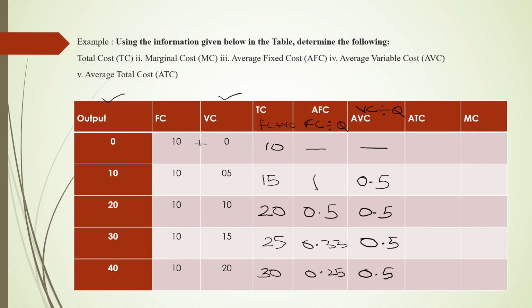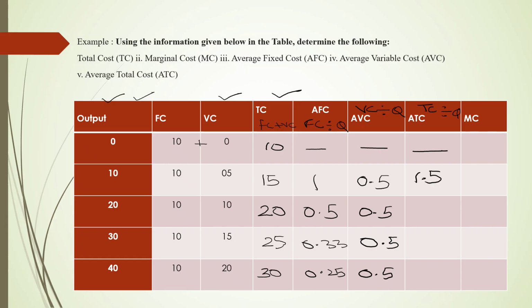Now similarly we will do average total cost. For average total cost we will consider total cost and output. The formula is nothing but total cost divided by quantity. So how much is the total cost? 10 divided by output 0, so it will come dash. Again total cost 15 divided by 10, it will come to 1.5.